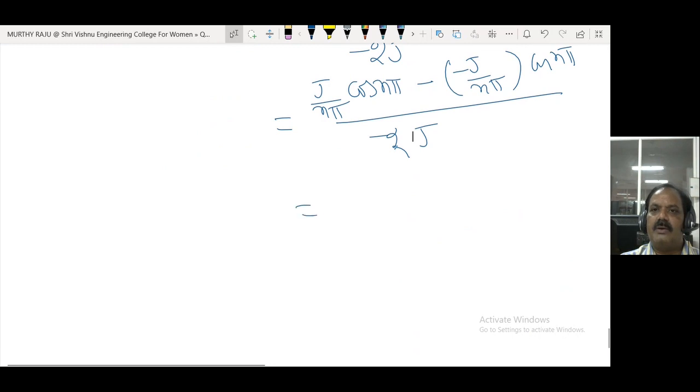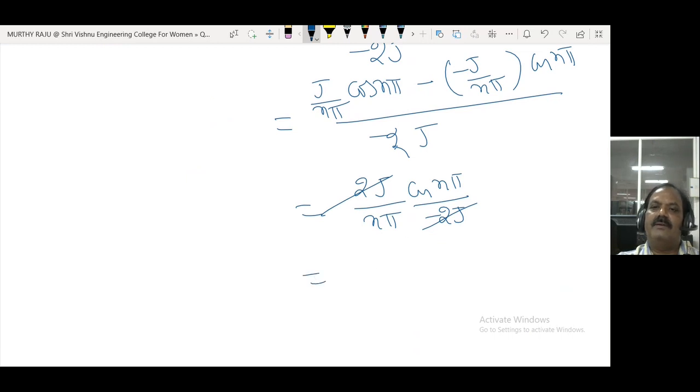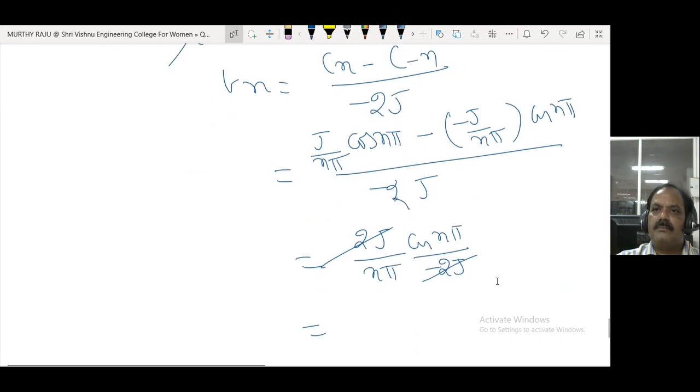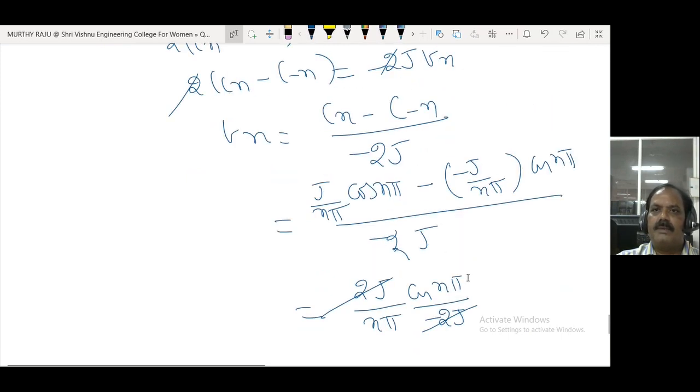These two are 2j by n pi cos n pi by minus 2j. The 2j cancel. Therefore, finally, the value is here. Bn is equal to j only, not 2j.